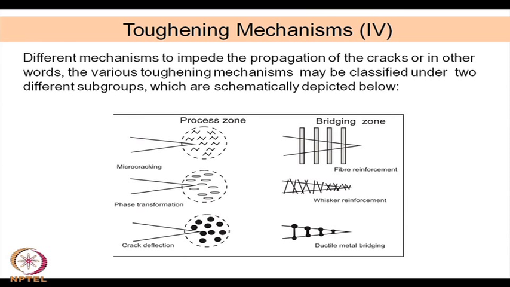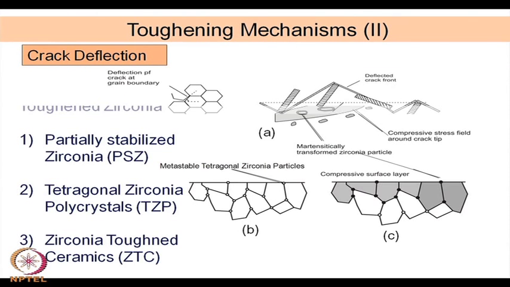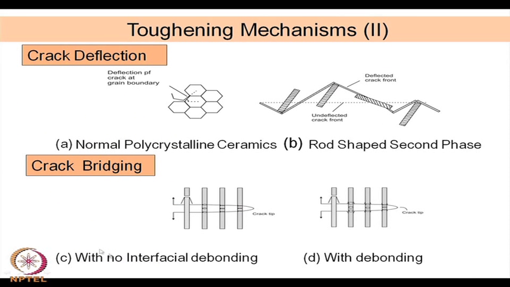Okay. So, similarly, there are many different fibers which can be used for reinforcement, and if you have used reinforcement, that is what happens. Either you use fiber reinforcement, the cracks will be bridged, and we have discussed that earlier. This kind of crack bridging takes place. Okay.